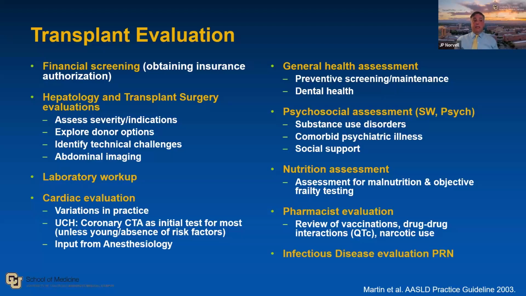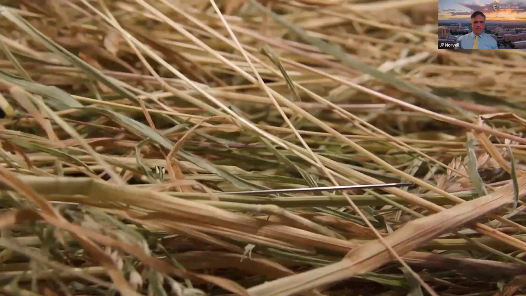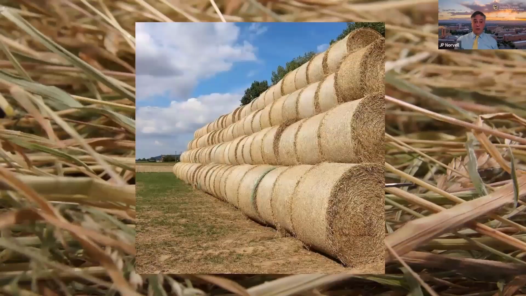There's a lot of other testing that goes into whether someone's a transplant candidate, outside of their AUD assessment. Of all the patients presenting with AUD, deciding whether they are transplant candidates is unfortunately a needle in a haystack. And unfortunately, there are also a lot of haystacks that we're looking in. So we certainly can do transplant, but it needs to be in very select patients.